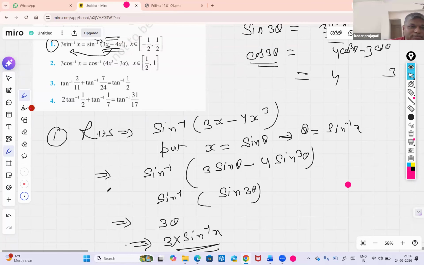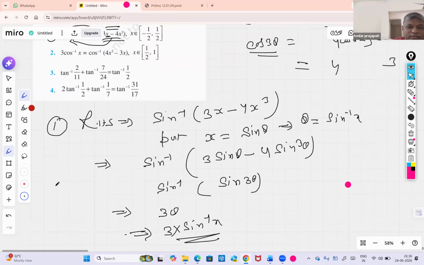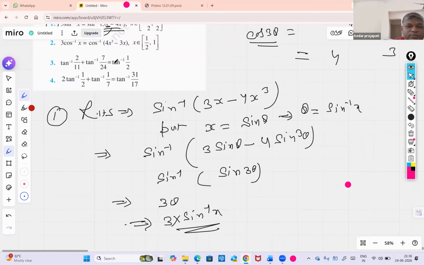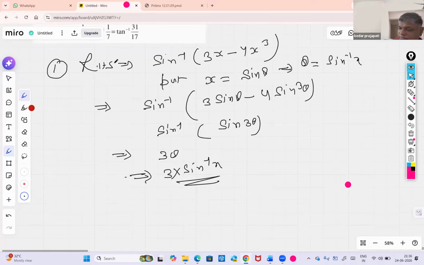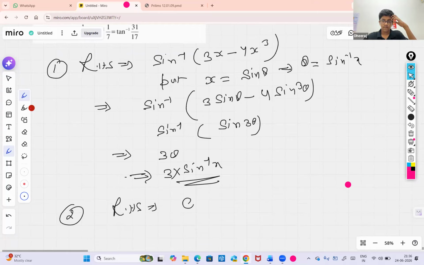Now 3 cos inverse x. I am going with this, cos inverse 4x cube minus 3x on the RHS.